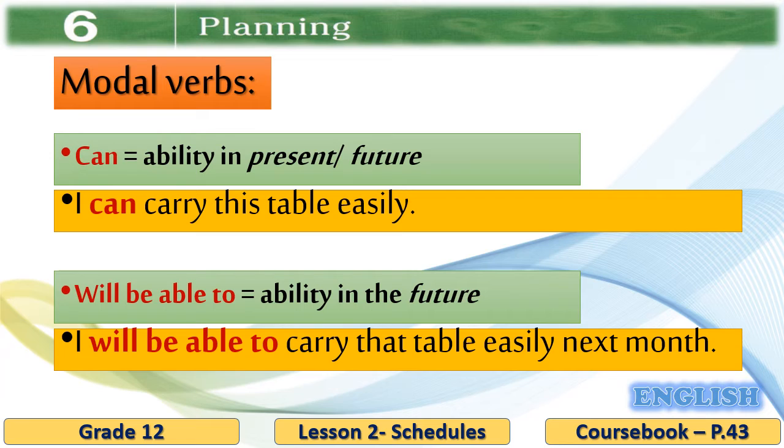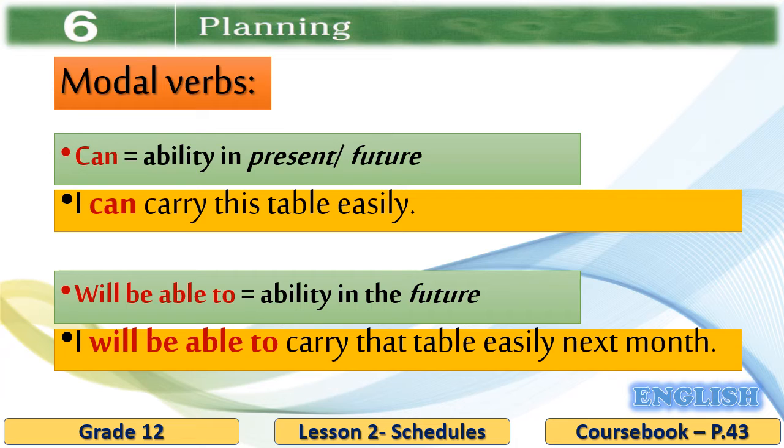Now let's talk about the modal verbs in detail. The first one, can, means ability in present or future. We say in the example, I can carry this table easily, which means I can carry it now in the present or in the future.